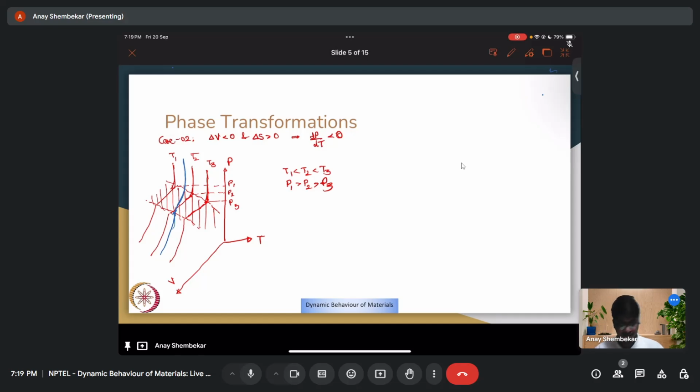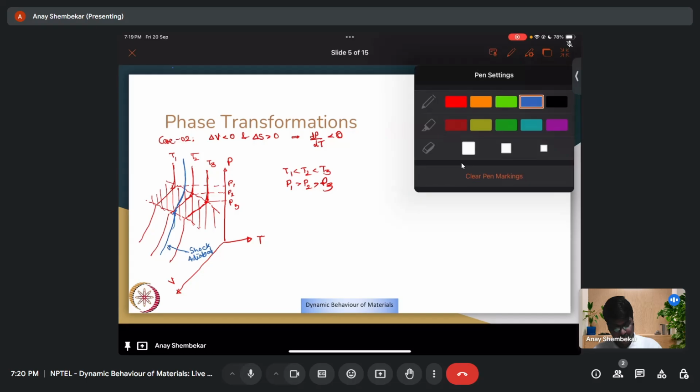So you have a curve that goes like this. Right, so I should write this as shock. I take up a projection of the same on a PV plane.